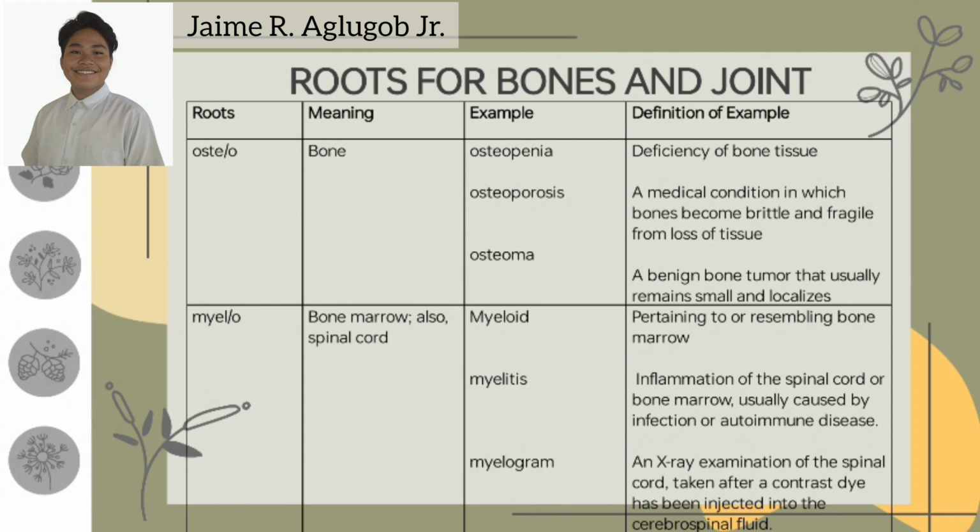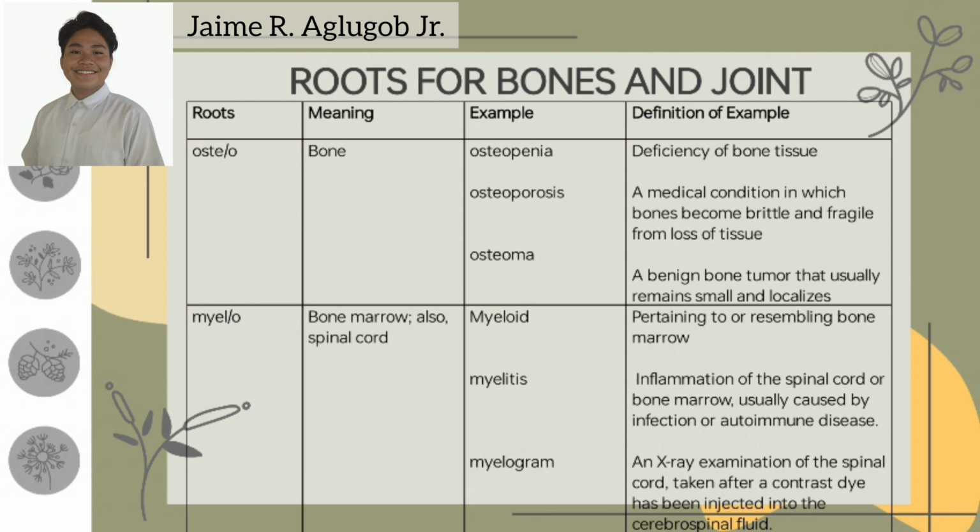Now, in addition, the causes of myelitis are viral, bacterial, and fungal infections, herpes virus, zoster, and a lot more. And the treatments for myelitis are IV steroids or intravenous steroids, antiviral medication, plasma exchange therapy, and a lot more.